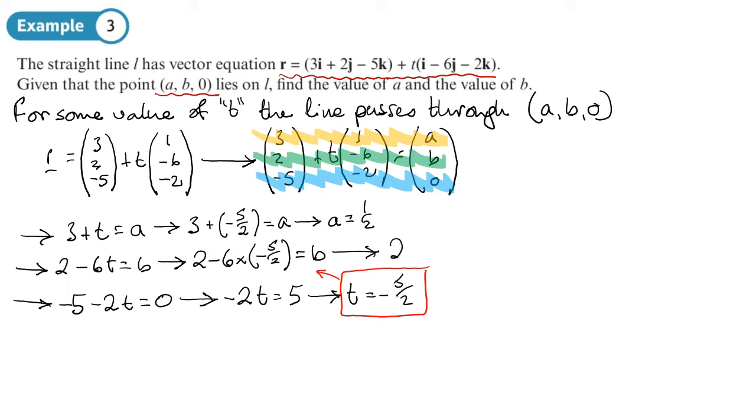So that will become 2 minus negative 15, so 2 plus 15 is b, so that means that b equals 17. So final answers: a equals a half, b equals 17.